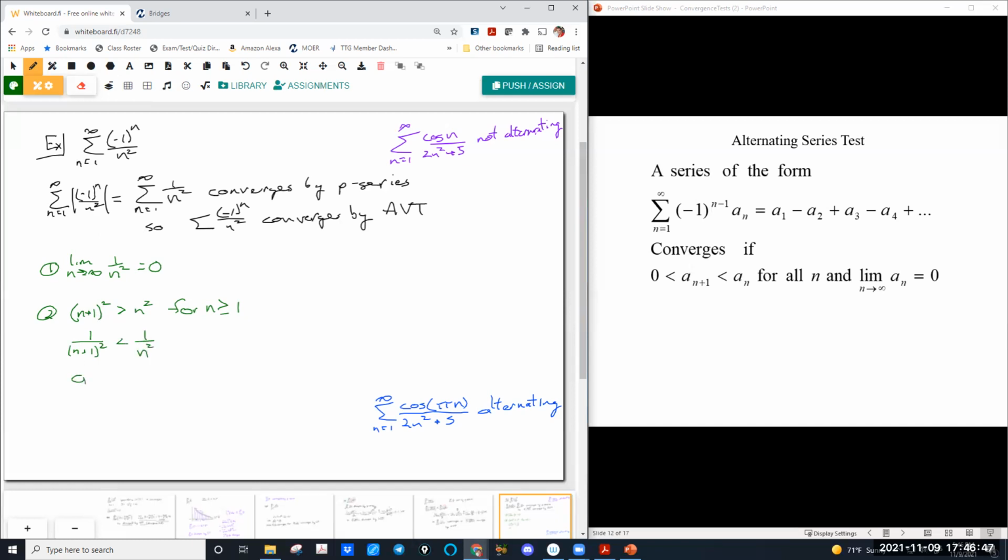Well, this right here is a sub n+1. That's less than a sub n. These are the two things we need to show right here. That it's decreasing, and that the limit goes to 0. So now we've already shown this, but I wanted to just show you the alternating series test. Is convergent by the alternating series test.